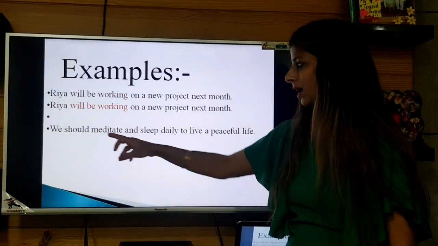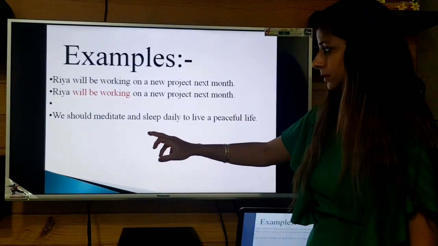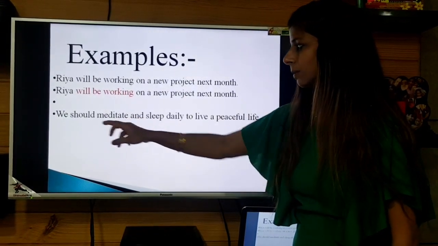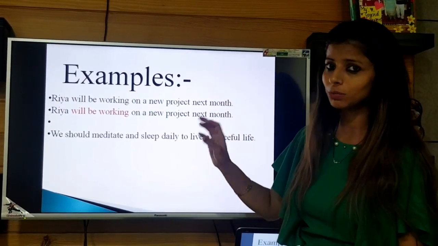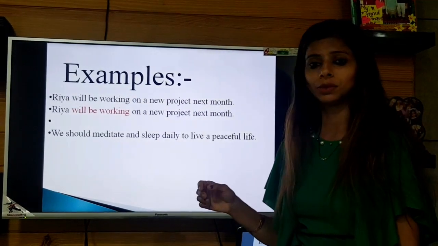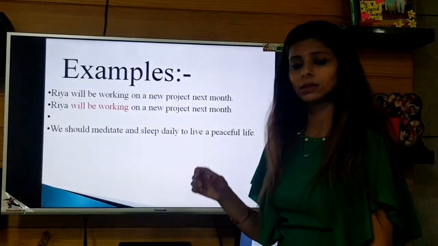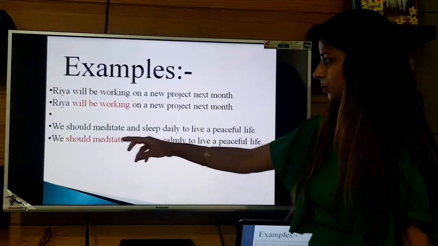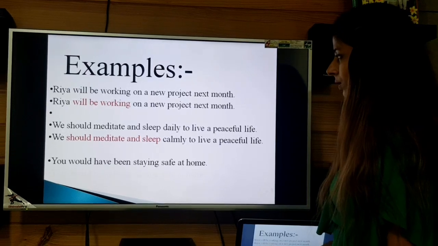Now we have all these things together: should, the modal auxiliary verb, the action word meditate, and the action word sleep. This combination will be taken as a verb phrase, as I have already mentioned that it would be two or more words, which may be either helping verbs or main action words. I have spotted the verb phrase in the sentence to make you more clear about it.